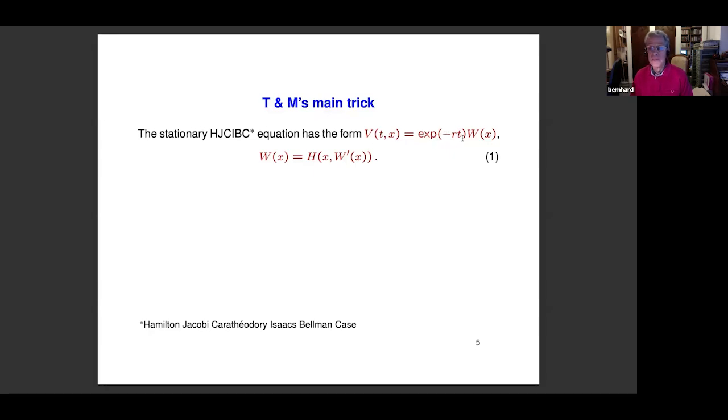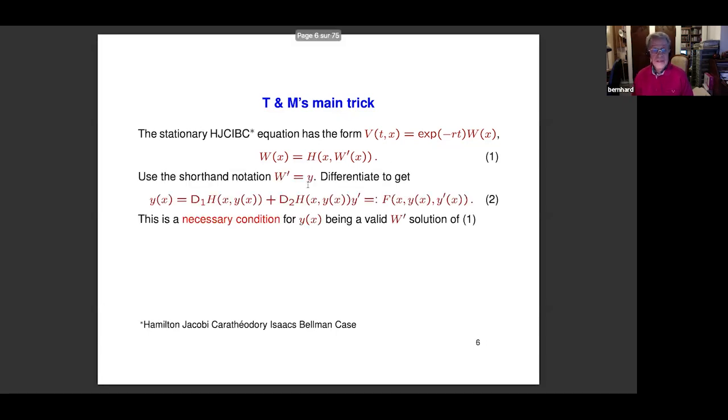if you have an exponentially discounted payoff, you know that for the infinite horizon game, you take the value function, Isaacs' value function, as a discounted function of x only, and you get an equation which looks like my equation 1. H is for Hamilton. Then you differentiate it with respect to x, both sides.